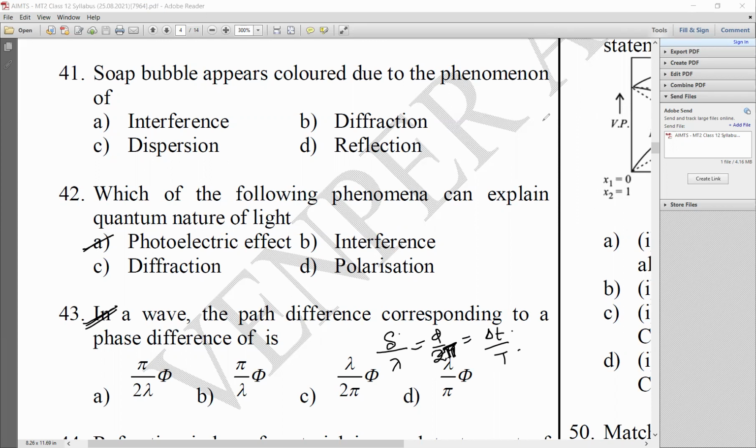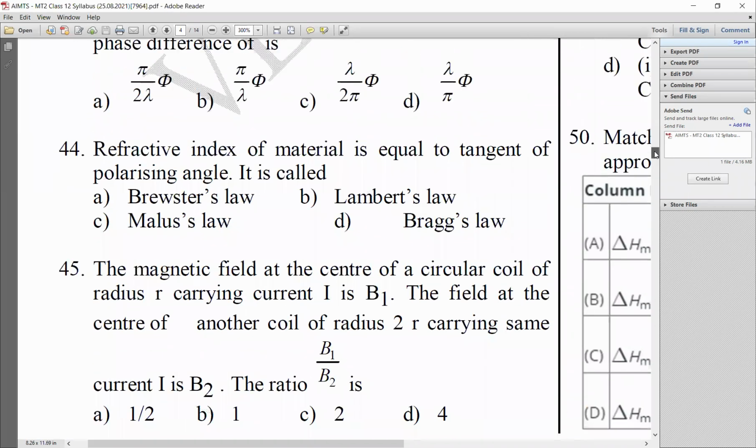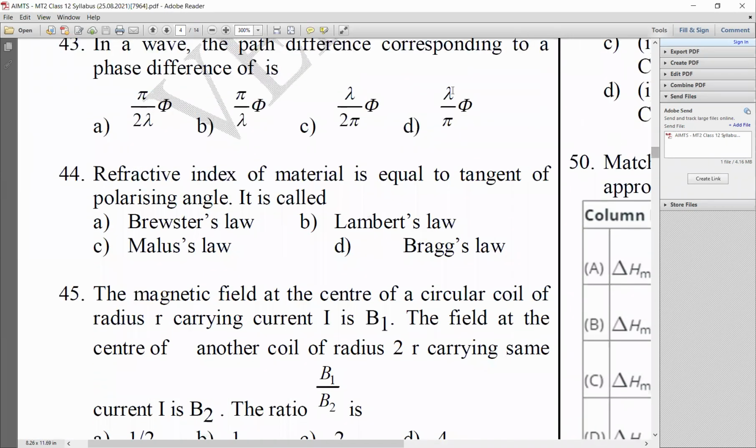Okay. Number 44. Refractive index of material is equal to tangent of polarizing angle. It is called Brewster's law. Brewster's.